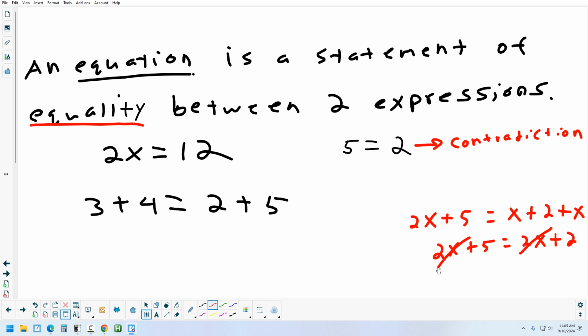Similar to that, but instead of ending up with a different number on each side when you're done, you end up with the same number on each side. That's called an identity. An identity is an equation that is always true. Okay? It's the opposite of a contradiction. And the top one is what we call a conditional equation.